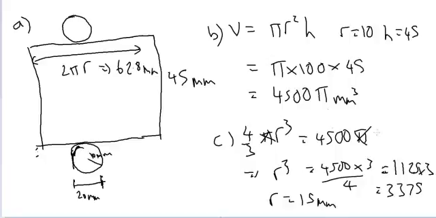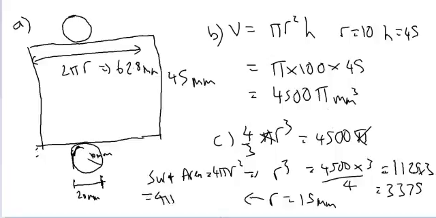So now what's the surface area of that? Well, the surface area is 4 pi r squared. Well, the radius is 15.